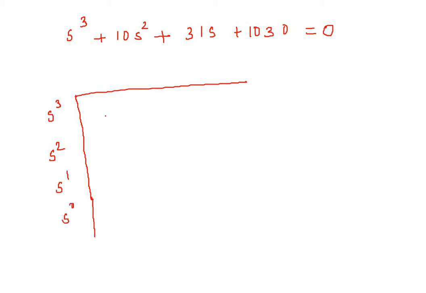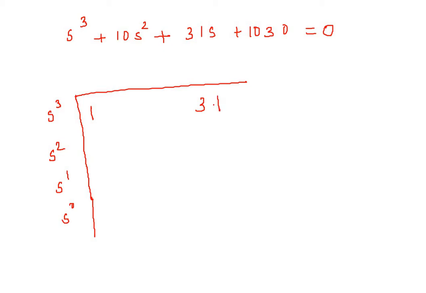Now in order to form the first two rows, starting from S cube, we check the coefficient of S cube, which is 1, so we put a 1 here. To write the second element, take the alternate term, 31S, so the coefficient is 31 and we write 31 as the next element in the first row.